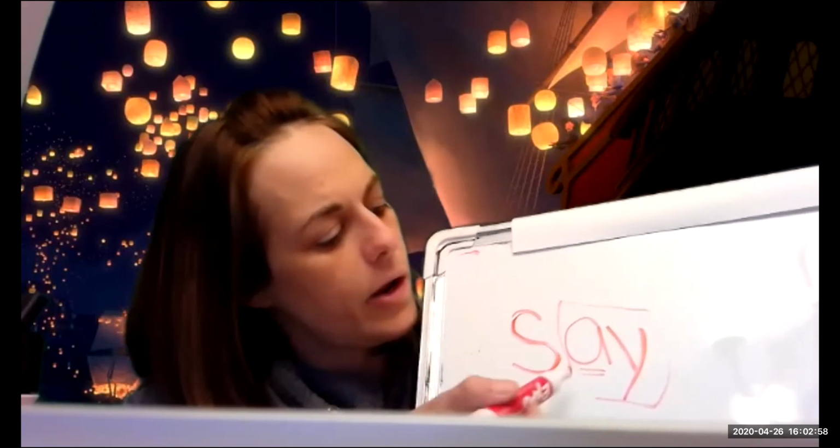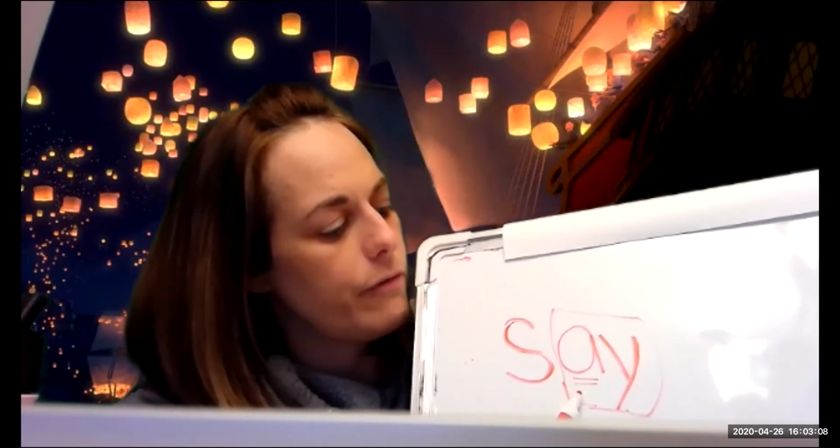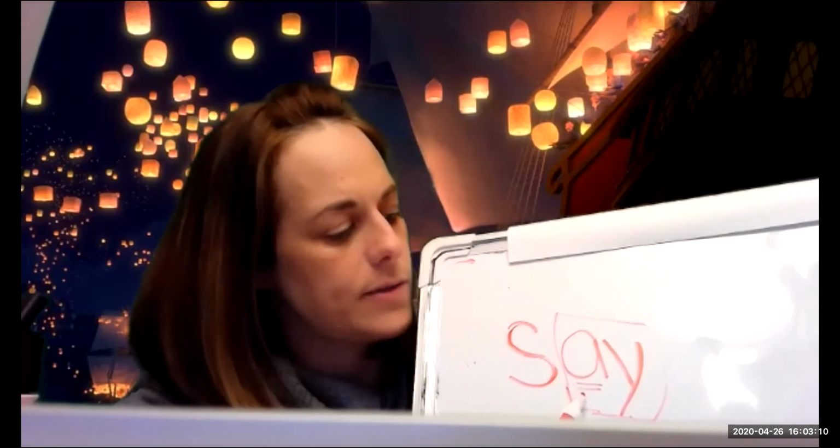So this is A-Y and it's two vowels. Two vowels go walking. The first one does the talking. So when two vowels go walking, the first one does the talking. So A is going to say A. So that's why you might see some tricky things like that. But if you see A-Y next to each other, you're going to know that it's two vowels next to each other. And the next lesson that I'm going to do has something to do with AI. So be ready for that.